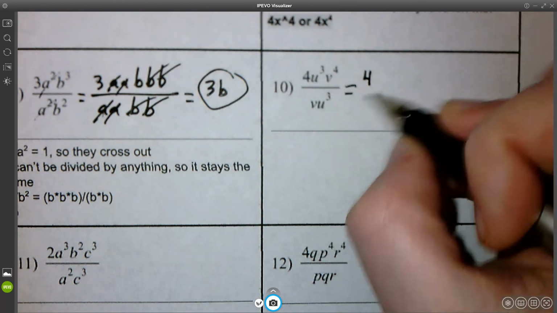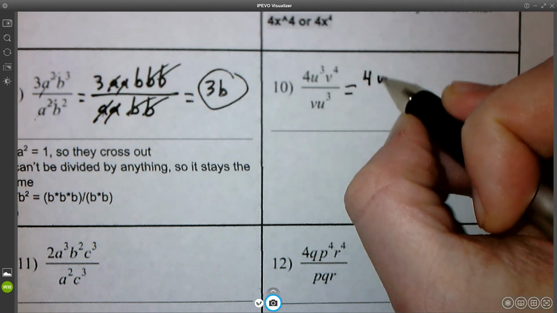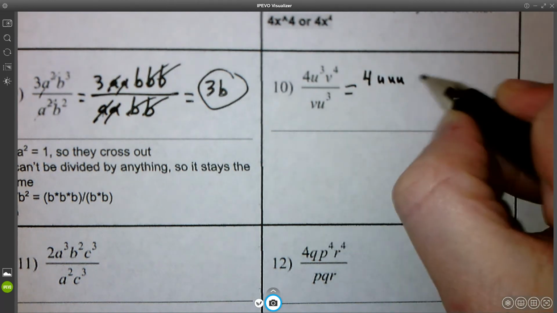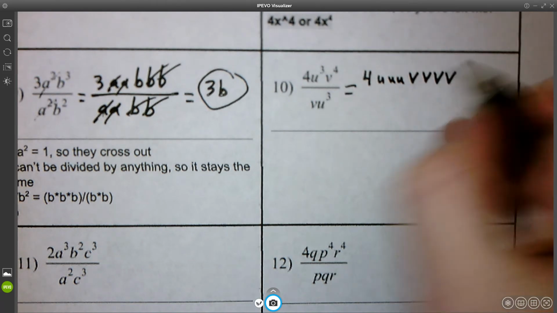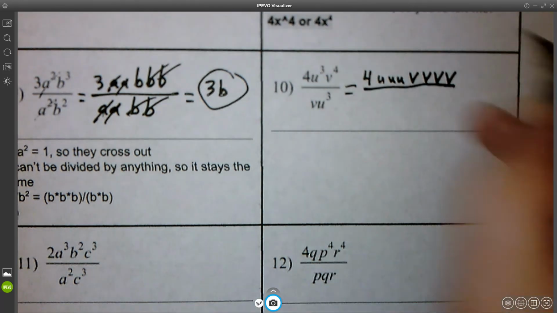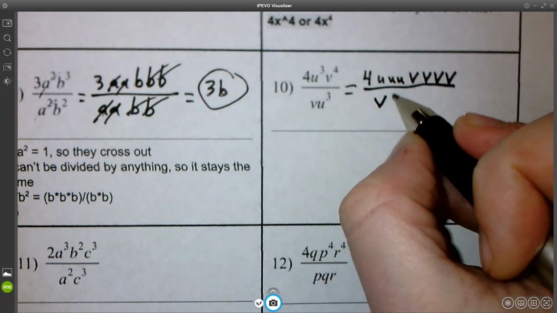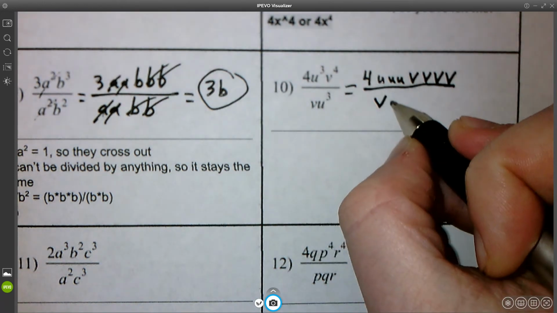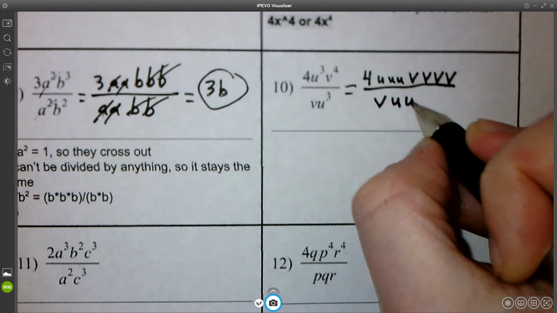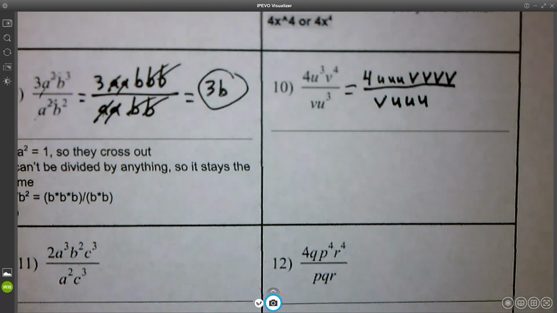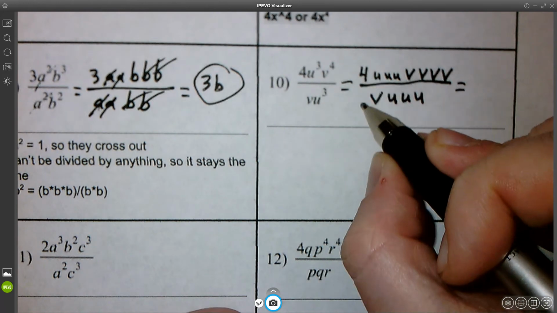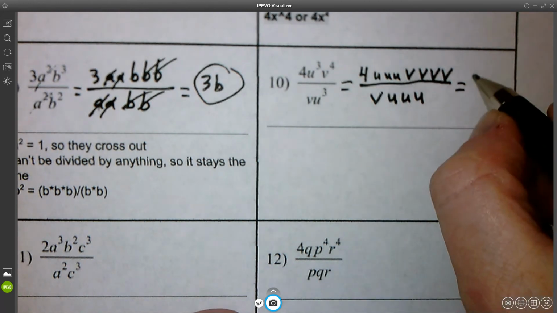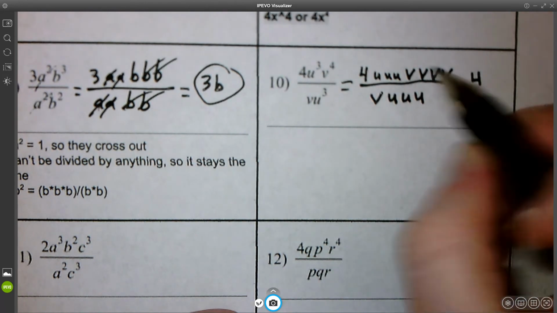4 is your coefficient. You have 3 u's and 4 v's, and 1 v and 3 u's. Okay? And again, all we're going to do, 4, there's nothing on the bottom, so our coefficient comes forward.